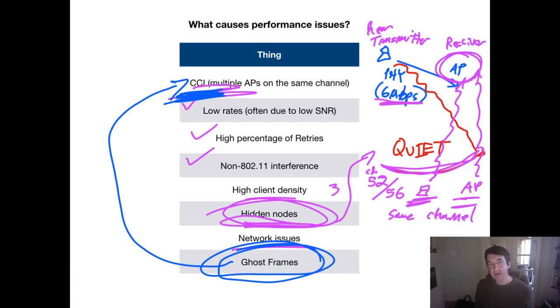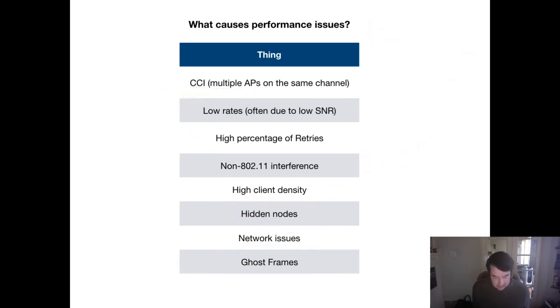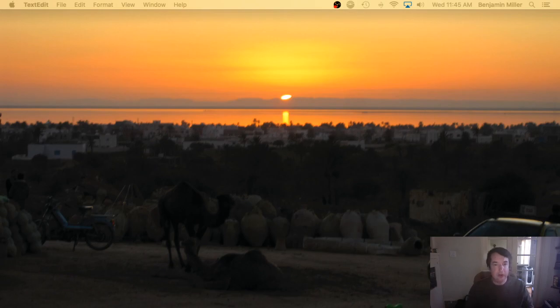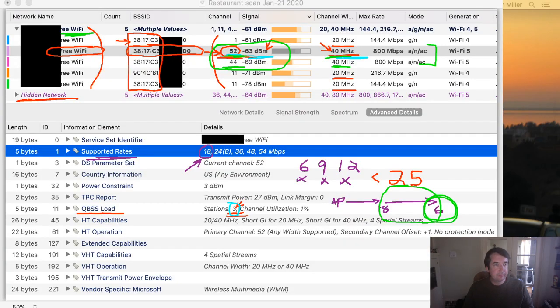That's the main point of this, and what I wanted to close the show with. If I go back to that little scan here, I have that 18 megabit per second minimum basic rate. And so that tells me that there may be CCI, but I may not be able to see that CCI because of the ghost frame issue.